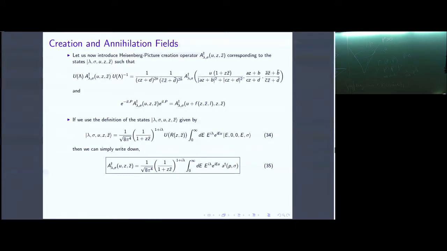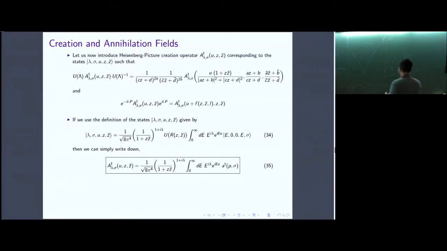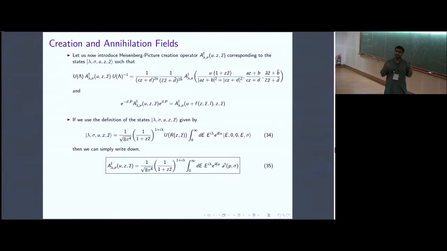But you could actually just think in terms of change in lambda, like the space-time translation, that is actually acting in the lambda direction only. But it is just easier to look at the u direction, and the way these states are constructed, they will automatically take care of that. That seems to be what is happening here.